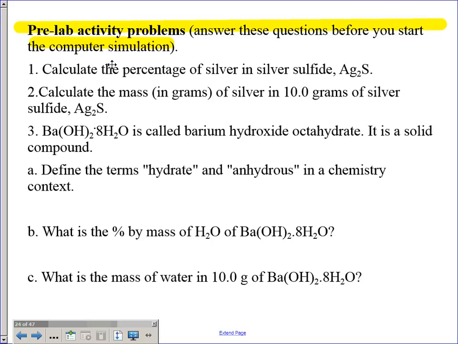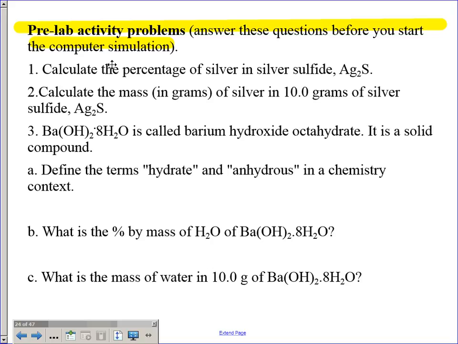Okay, yeah, 87.06. Oh yeah, 06, yeah. I think it's just because they all have different things.